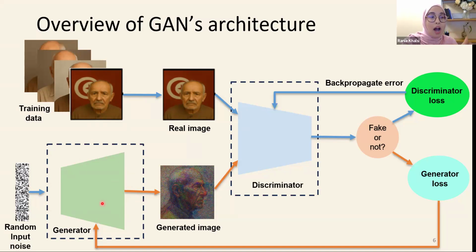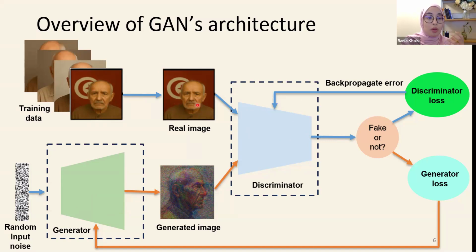Okay, so how is this generator going to generate images? It's going to get some random input noise, and then it is going to generate images. We will dive into the details of this later. Next, we have the discriminator, and the discriminator takes as input the images generated by the generator, and also it takes some real images from our training data.